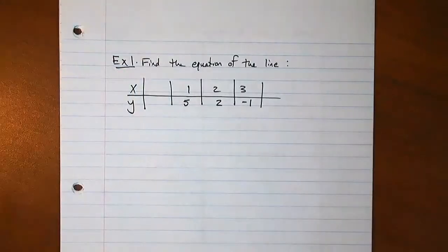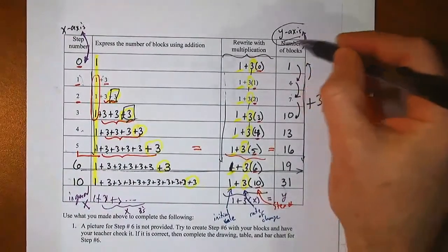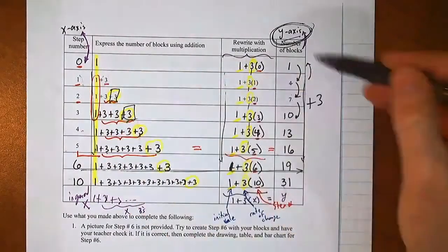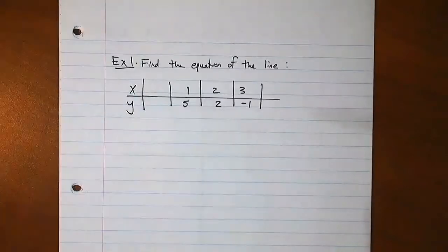So looking at the problem we're looking at right now. Oh, one more thing. Notice that it's the pattern in the y numbers that I'm looking at. I'm going up by 1s over here. It's the pattern in the y numbers that tells me how much I'm going up by. Okay, so here, I look at the y numbers, how much am I going up by? So to find the slope, that's what I'm going to do first.